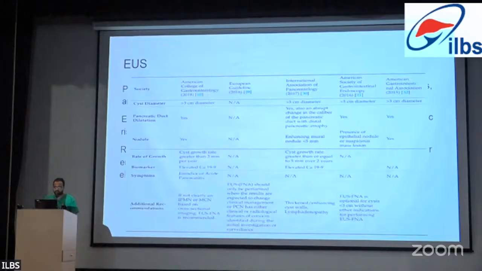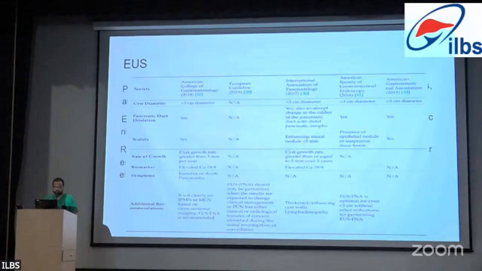There are five major associations: the American College of Gastroenterology, European Guidelines, International Association of Pancreatology, American Society for Gastrointestinal Endoscopy, and American Gastroenterological Association. The major indication is when the cyst diameter is more than 3 centimeters.